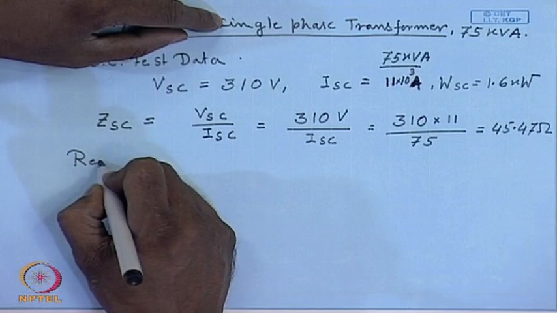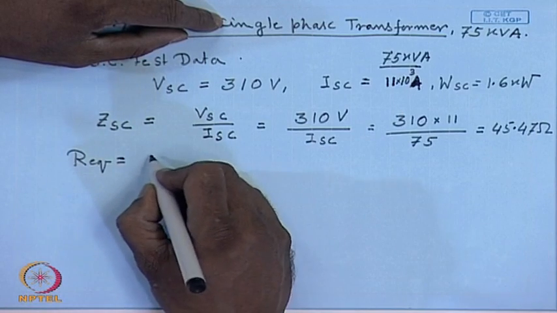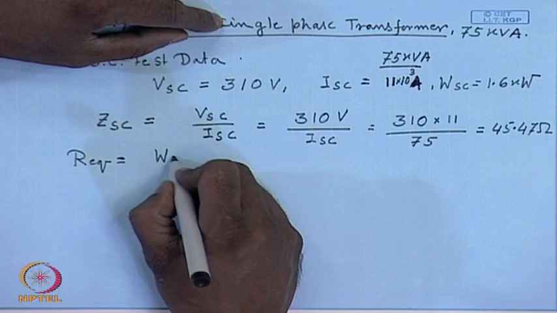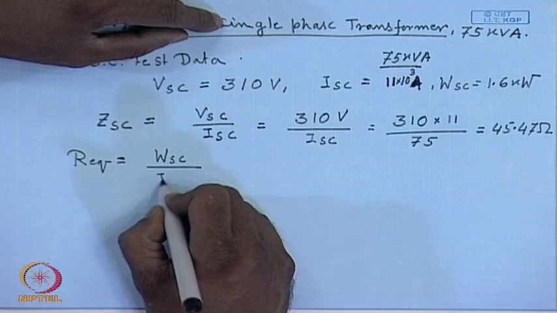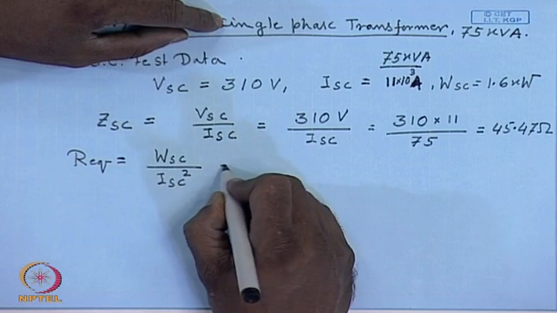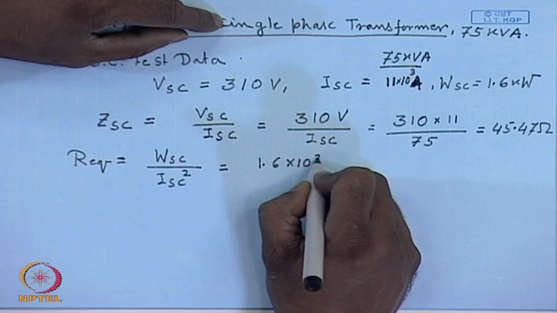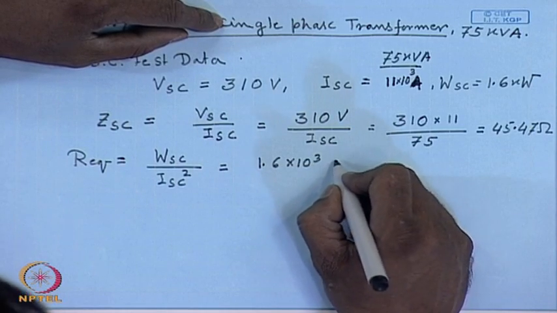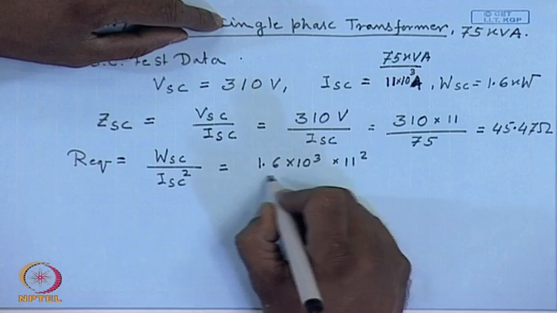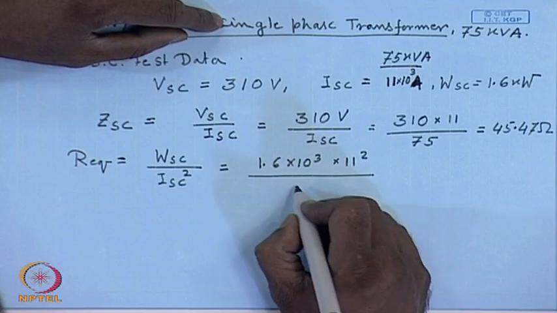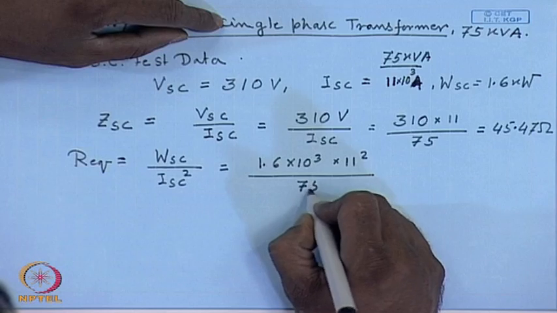Req therefore equal to WSC divided by ISC square, which is 1.6 into 10 to the power 3 into 11 square divided by 75 square.